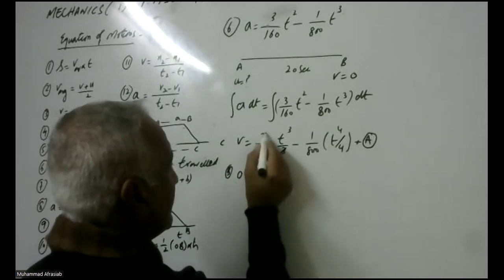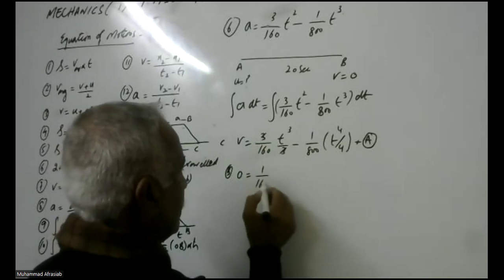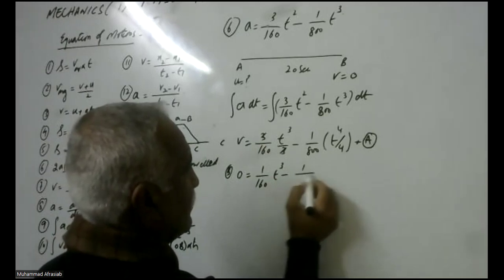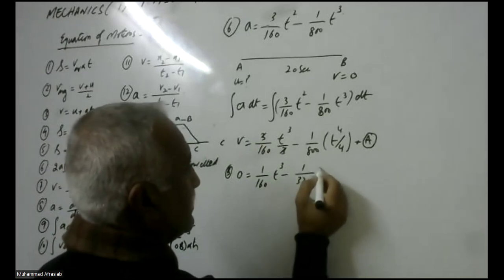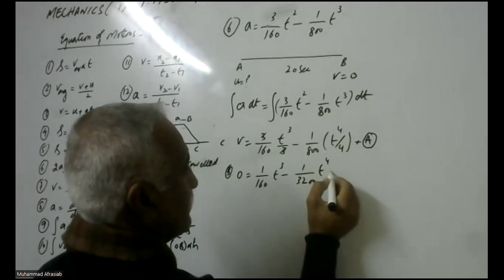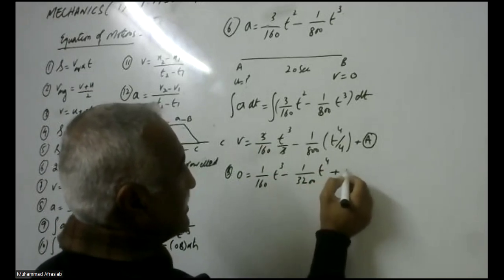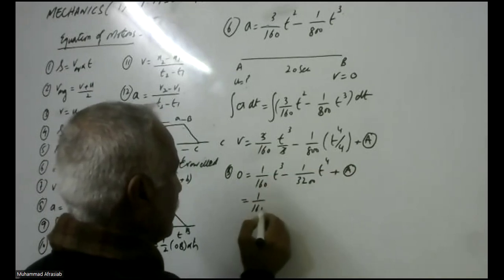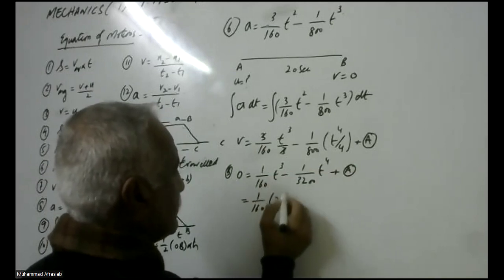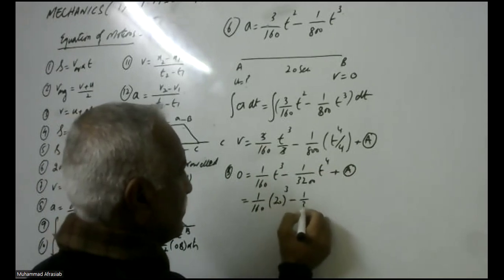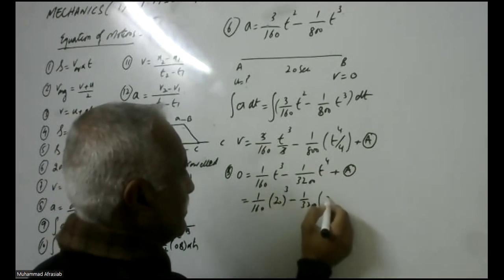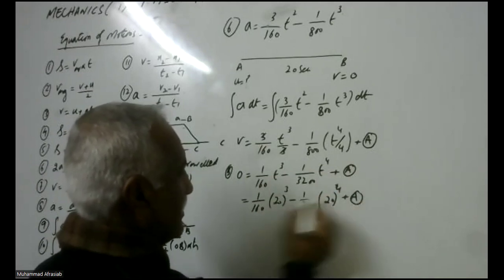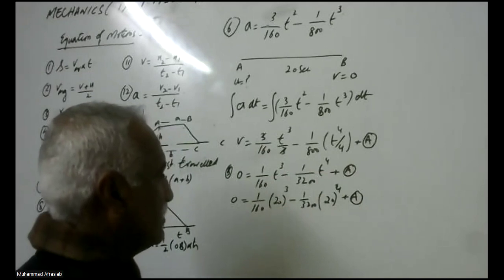That is, 3 and 3 cancel: 1 over 160 t cubed minus 1 over 3200 t to the power 4 plus the constant a. So that is equal to 1 over 160 times 20 cubed minus 1 over 3200 times 20 to the power 4 plus the value of a, which is equal to 0.